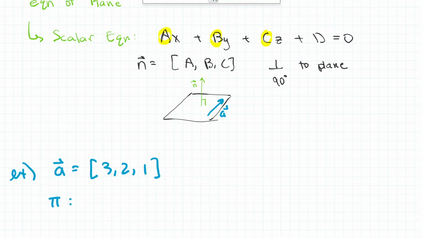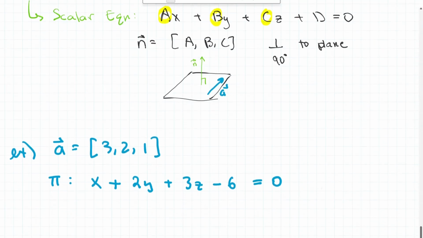We have x plus 2y plus 3z minus 6 equals 0. So we want to determine whether A is parallel to the plane, whether essentially it either falls on the plane or it's in that same direction of our plane.